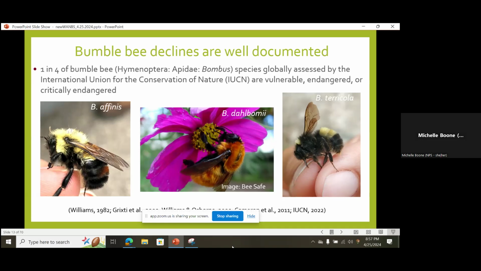So it is really important that we start learning more about them, but even more importantly, start taking action to reverse those declines. And you may have heard this statistic: around a quarter of bumblebee species globally that have been assessed are either vulnerable, endangered, or critically endangered, which essentially means they're in decline.